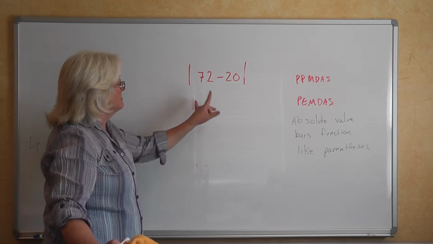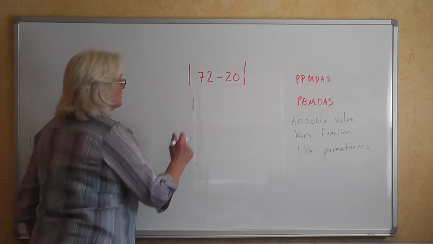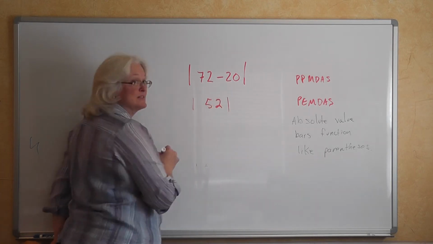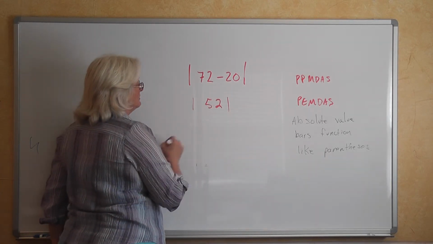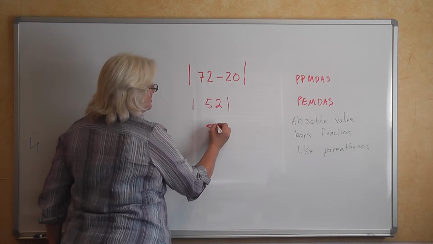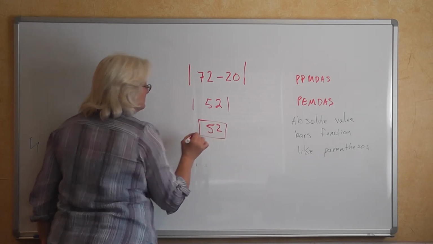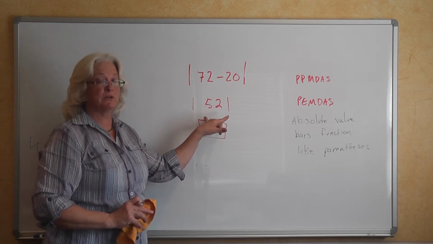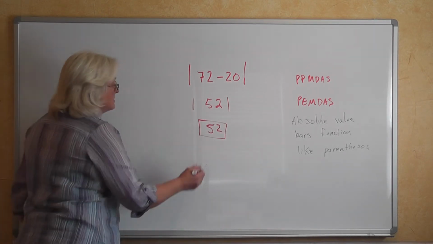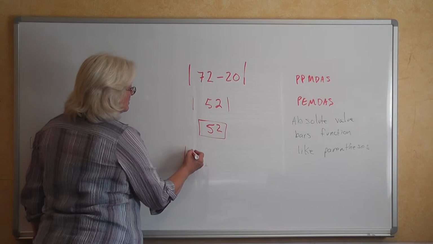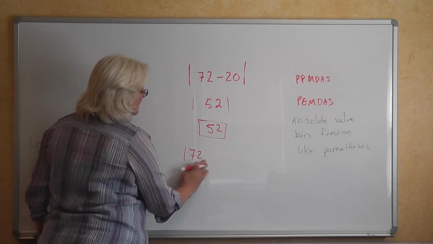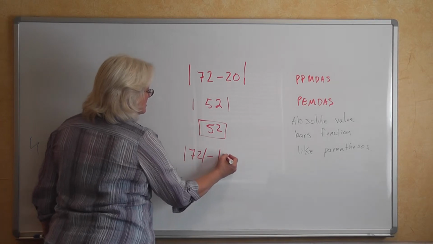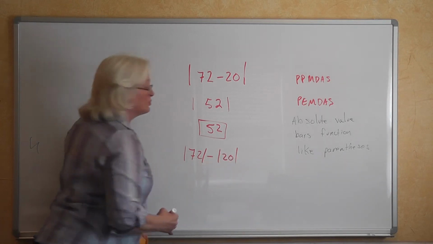I don't think I'm going to be able to come up with the example I was looking for, but this is the absolute value of 52, because the first thing that you have to do is subtract inside the parentheses. It's different from saying the absolute value of 72 minus the absolute value of 20.